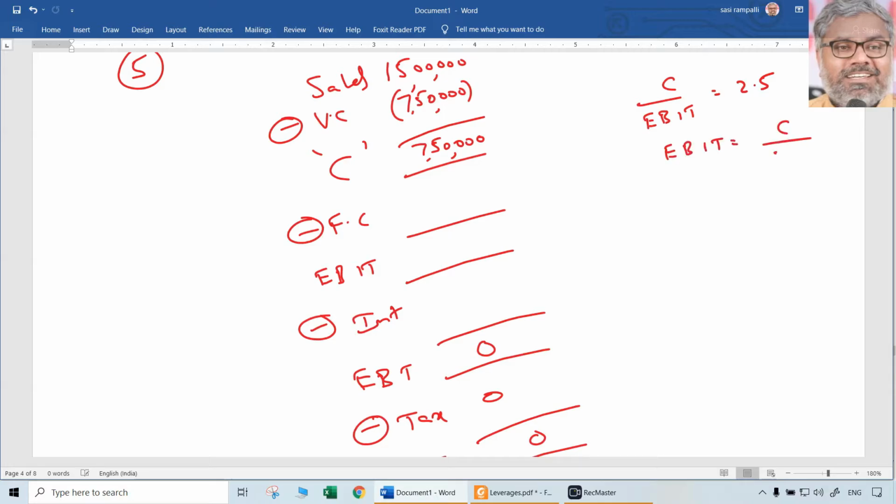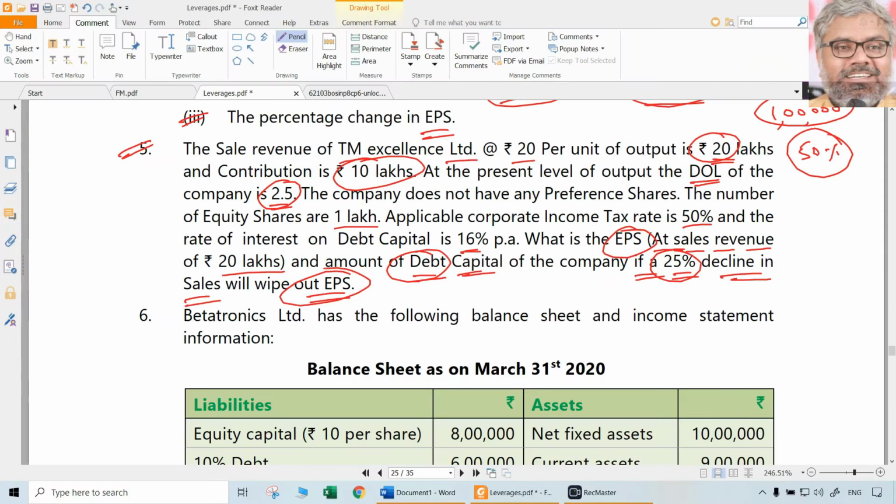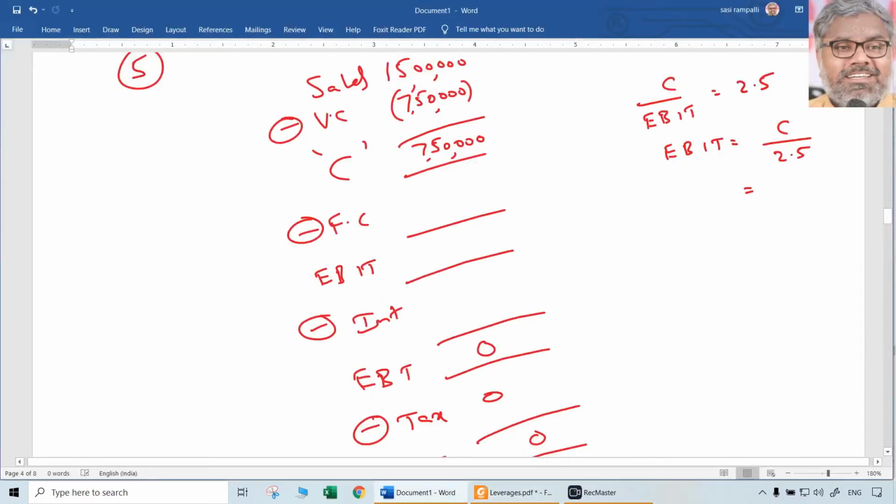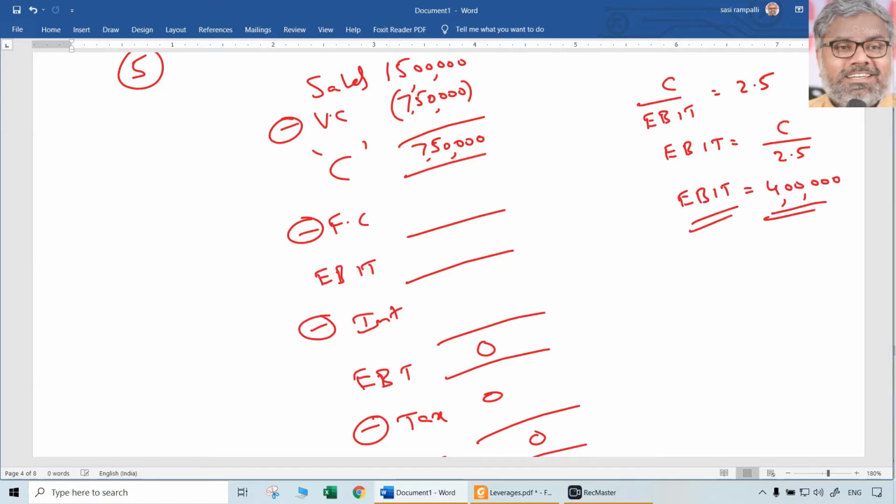Naturally, contribution divided by 2.5. And contribution currently is 10 lakhs. That divided by 2.5 will be 4 lakhs. What is this 4 lakhs? EBIT currently. Simple. When contribution is 10 lakhs, EBIT is 4 lakhs.